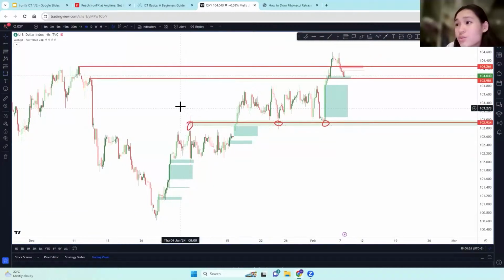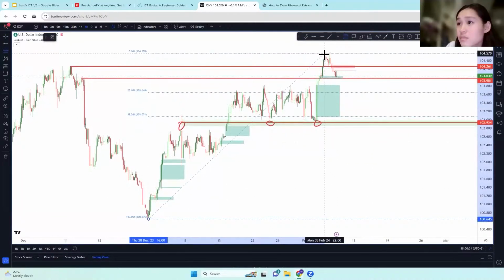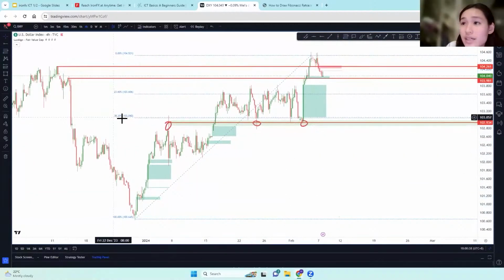Let's see if we can make use of our Fibonacci levels as well. Here we have a nice 38.2 that lines up with this area.